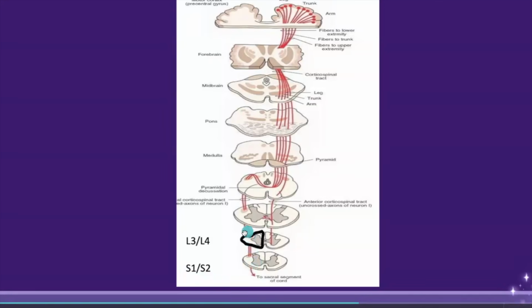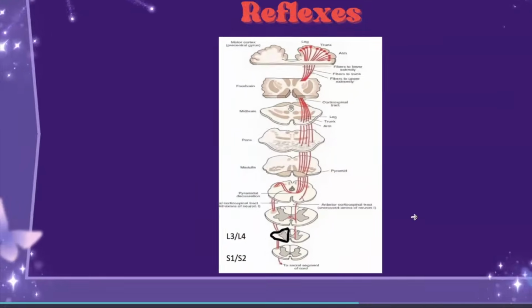Why is that? Because the upper motor neurons descending from upwards from over here were cut off at this level. So this segment never got any signal from the upper motor neuron. So that is why you had hyperreflexia of the ankle jerk reflex.